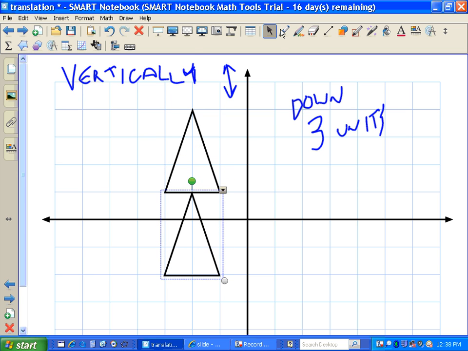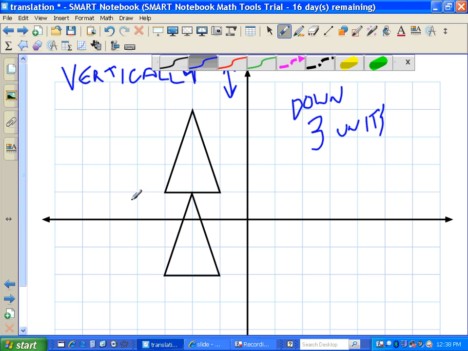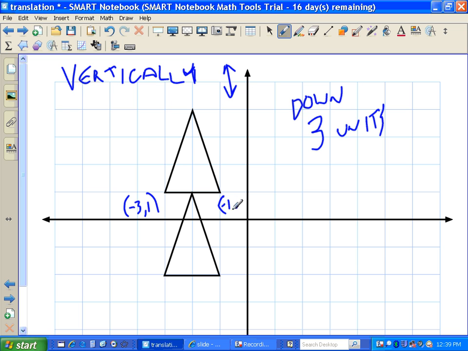The original coordinates, which I didn't rewrite, were -3, 1, then -1, 1, and -2, 4. That was on A, B, C, just to not confuse anybody. So this becomes A primed, B primed, C primed.